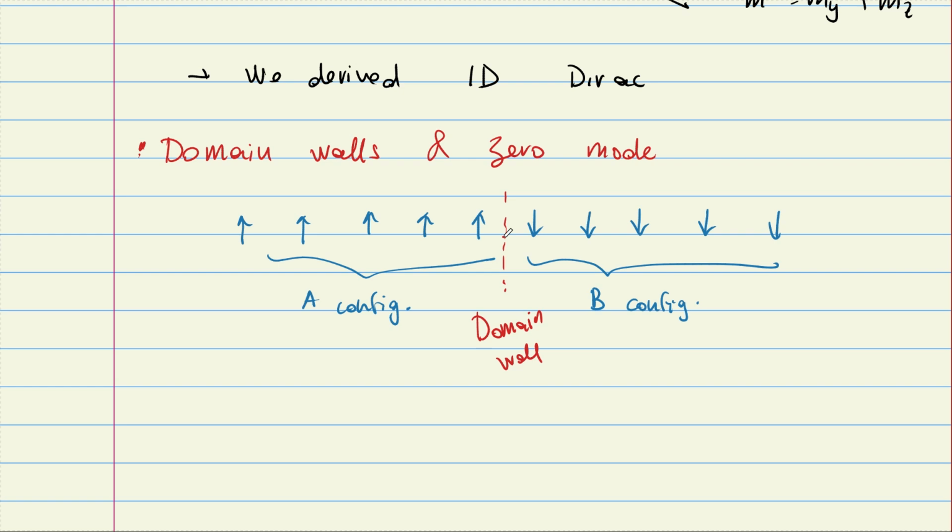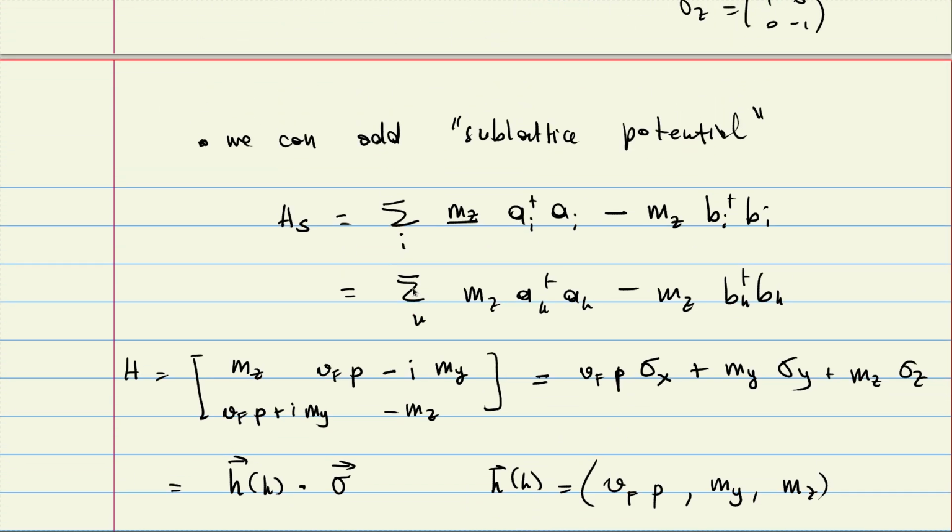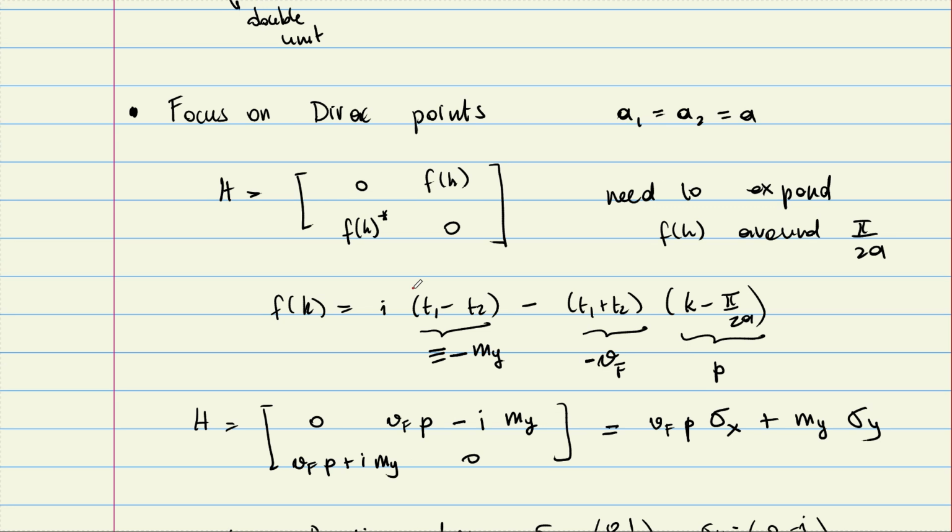But here, the difference between these two things is what? We defined mass to be T1 minus T2. When you are in the A configuration, this has one sign, say T1 is bigger than T2. When you are in the B configuration, T2 is bigger than T1. The mass changes sign at the domain wall. That's the only observation we need to make.